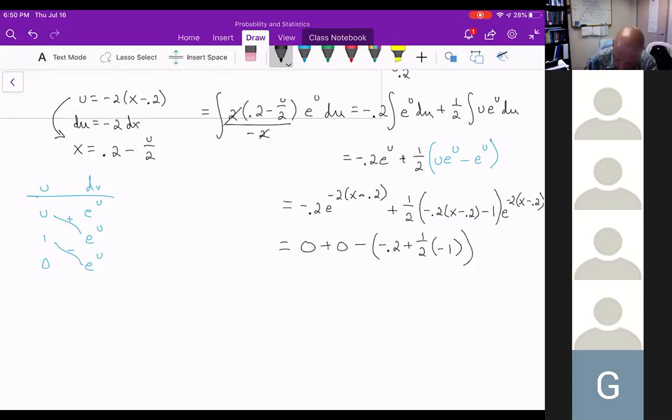And so we've got negative times negatives. So these are going to become positives, which means we have 1/2 plus 0.2. 0.2 is 1/5, so 1/2 plus 1/5 is 7/10. 0.5, 0.2, 0.7. Yep, 7/10.